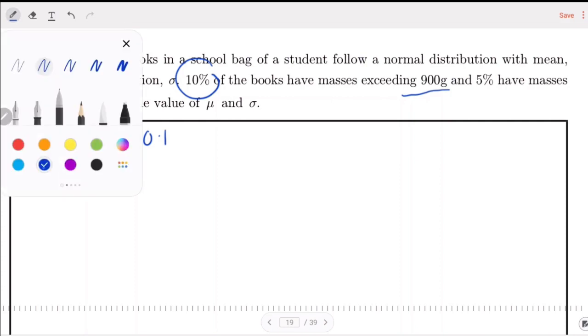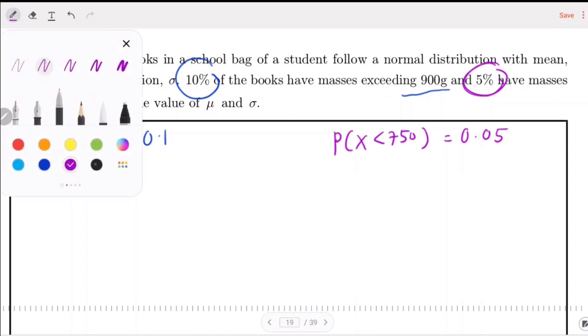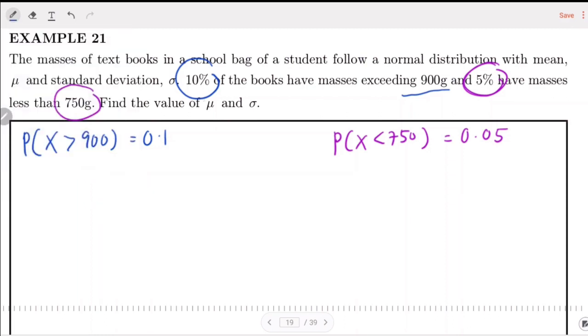And for the other one, 5% have masses less than 750 gram. So probability for X less than 750 is equal to 5%, which is 0.05. Find the value of mu and sigma. So we need to solve these equations simultaneously. Two unknowns, so we must have two equations.